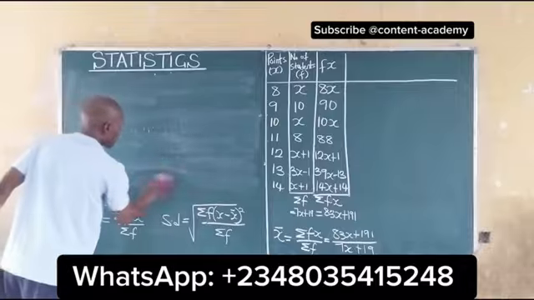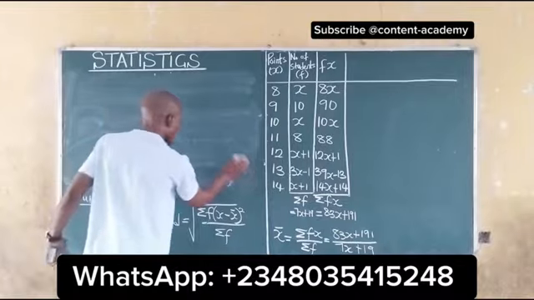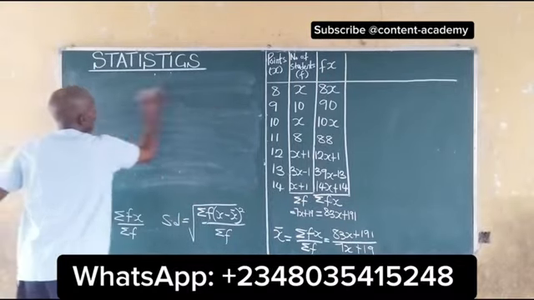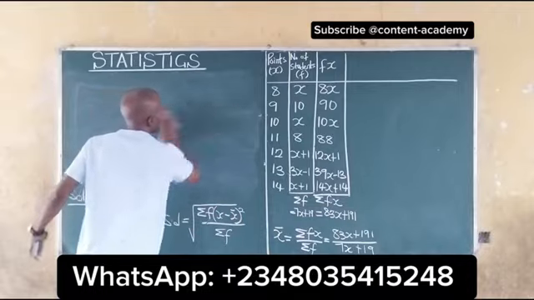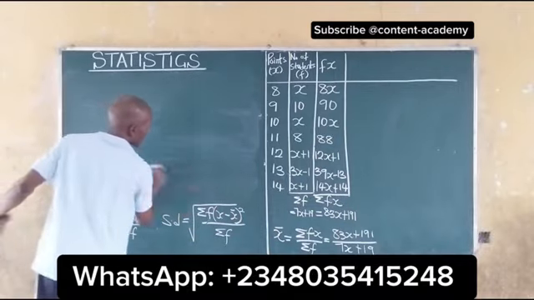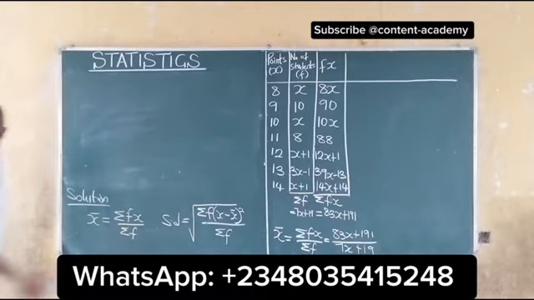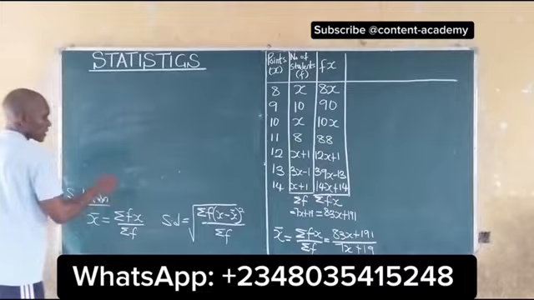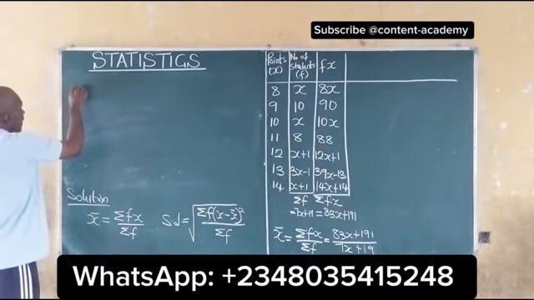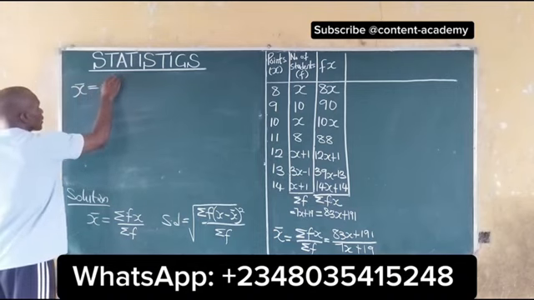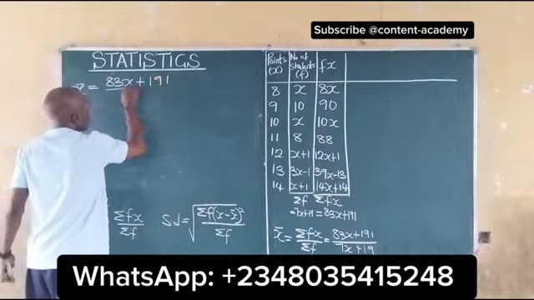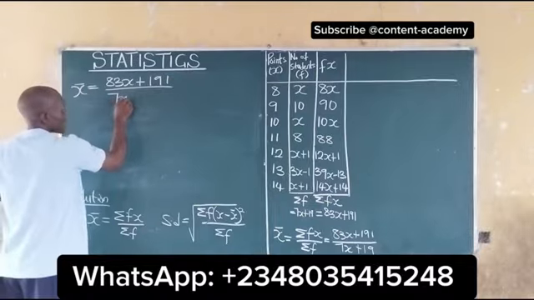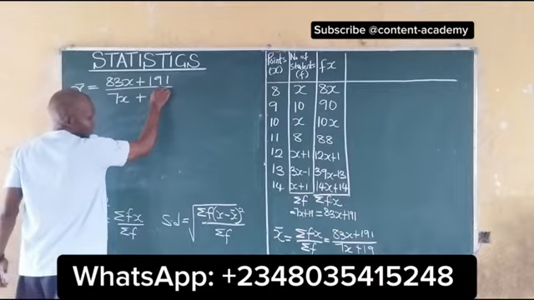So we are also calculating the standard deviation, and we are given a point which is 11. The average point is 11. You should note that we are given an average point in the equation which is 11. So we have x bar to be equal to 83x plus 191 all over 7x plus 19.